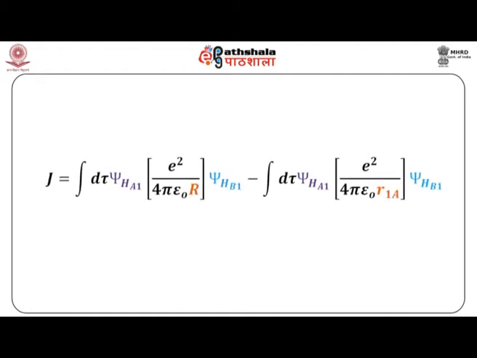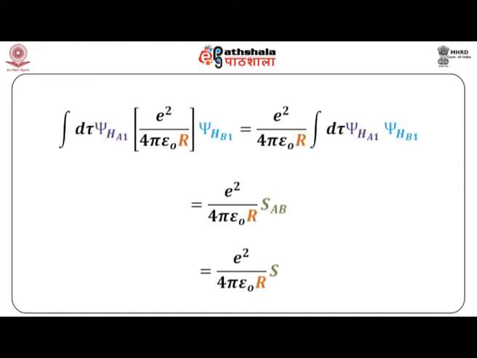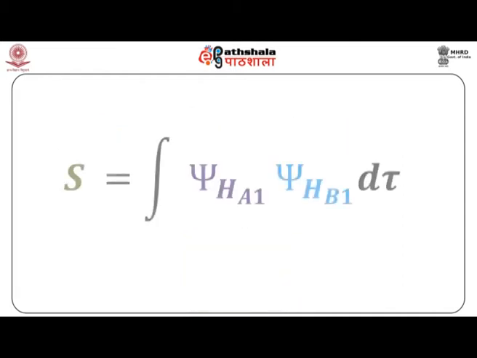If we simplify it and assume internuclear distance to be constant, the first term reduces to e square upon 4 pi epsilon 0 r into S. This S is the overlap integral, the integral d tau psi HA1 psi HB1.